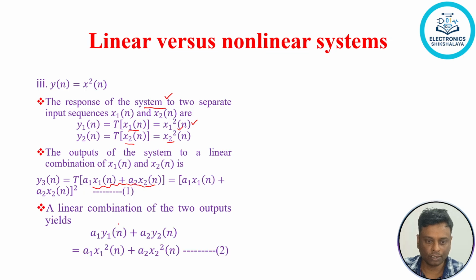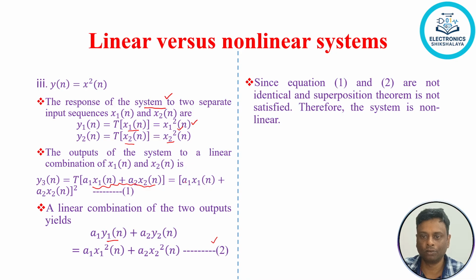In this case, you can see the linear combination of the two outputs, a1 y1 and a2 x2 square. So equation 1 and equation 2 are actually not equal. That is why the system is non-linear. The superposition theorem is not satisfied.